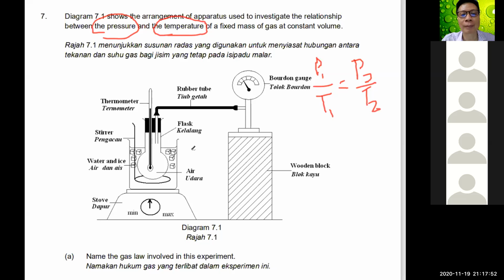Common sense. When it's hot, definitely the pressure here becomes higher. So it's related. The higher the temperature here, the higher the pressure here. The reason later on they will ask you. I don't want to tell you first.